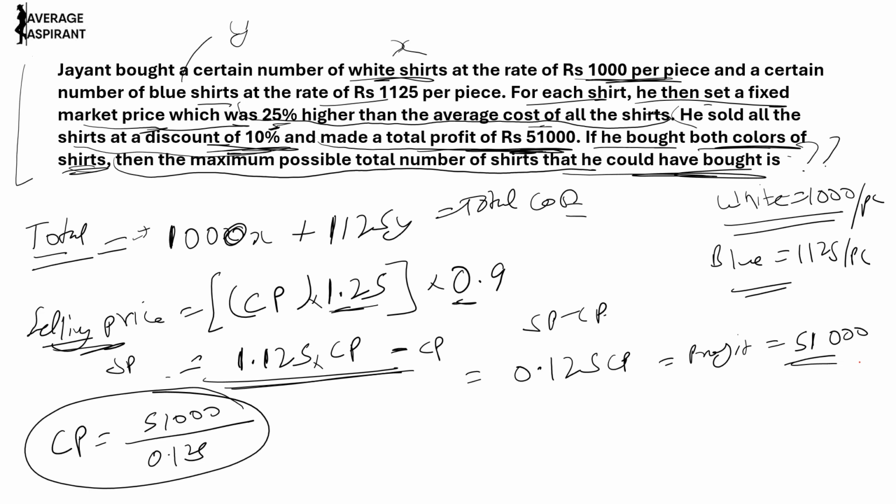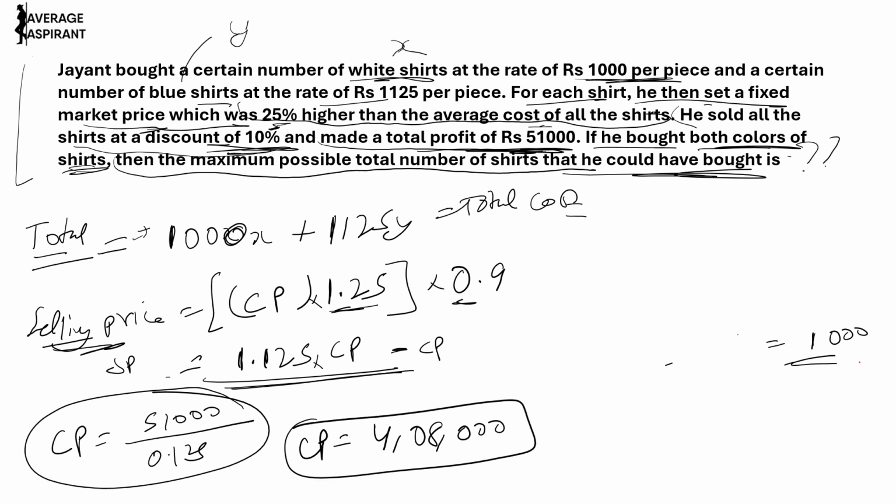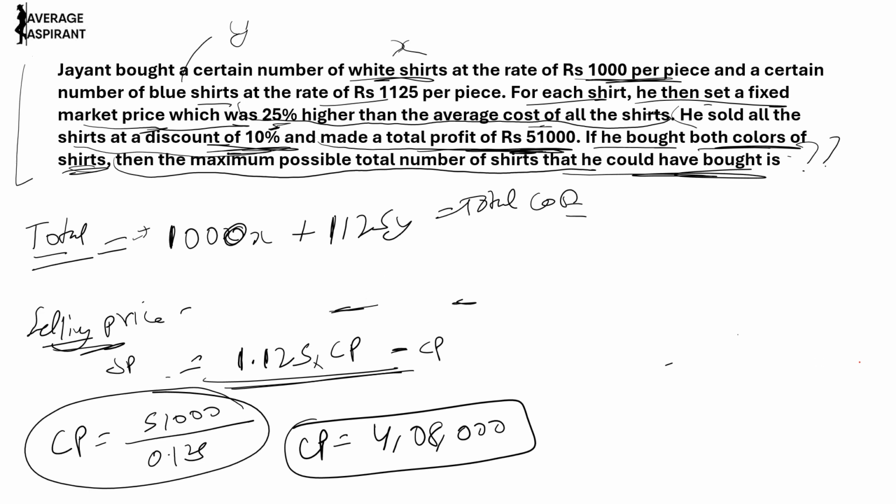A calculator is always provided on the screen. By using your calculator, your CP would come out to be 408,000. 4 lakhs 8,000 is the cost price, and this cost price is the total of all the shirts.